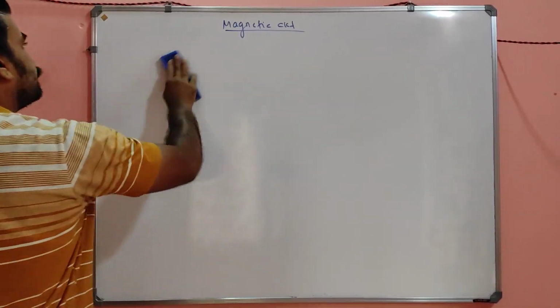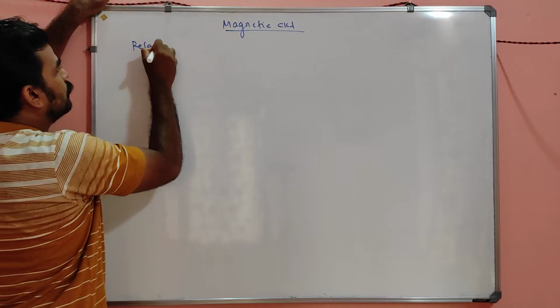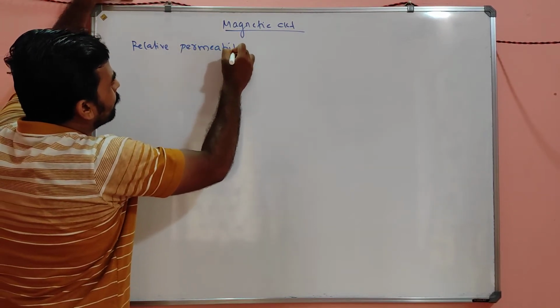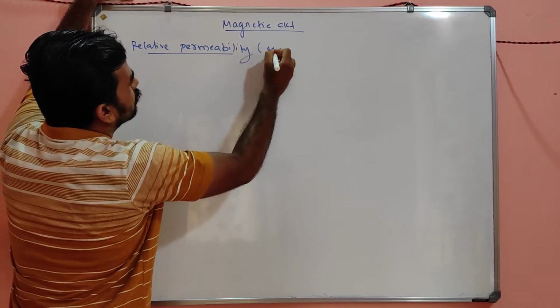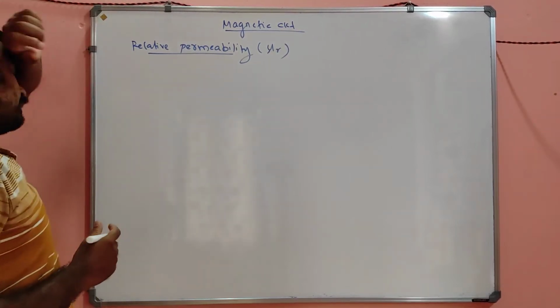Next, relative permeability, represented by the symbol mu r.